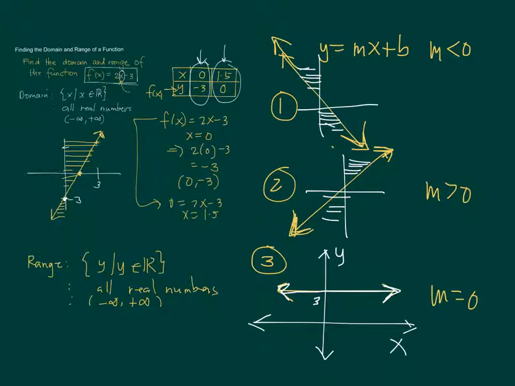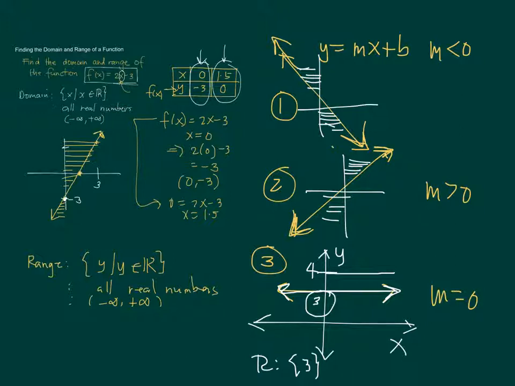Like if I pick 4, it will never be mapped to the graph. There is no x value whose y value is 4. The only y value that will be coming from the function is just y equals 3. So the range is just the value 3. It is where the graph passes through the y-axis.